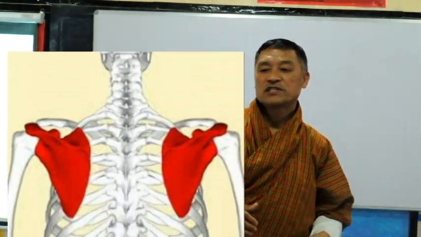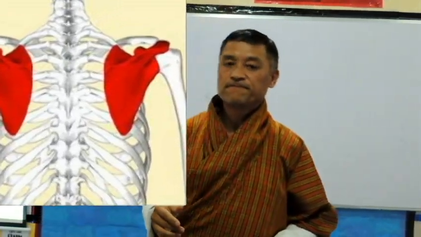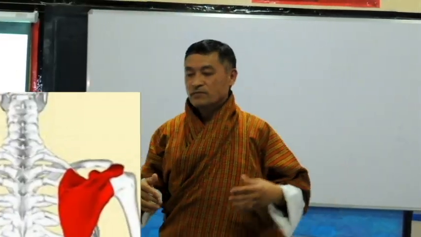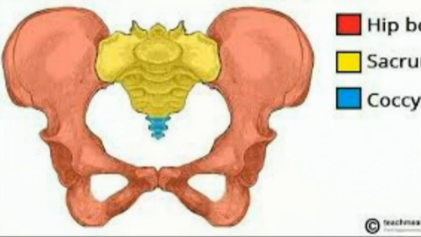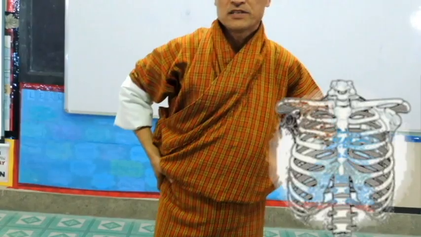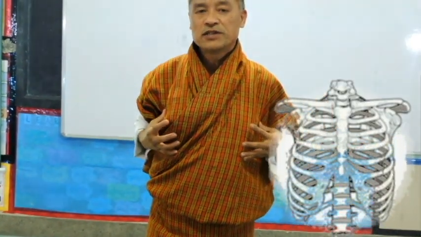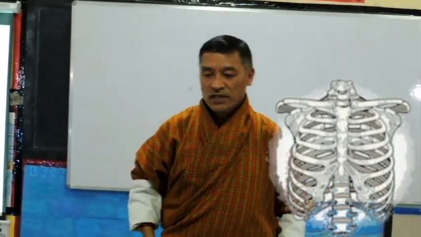These blades are called the scapula. And further at the lower hip, which is known as the pelvis or pelvic girdle, the pelvic girdle protects the kidney and the urinary bladder, whereas the rib cage protects the lungs and heart, some of the important internal organs of our body.